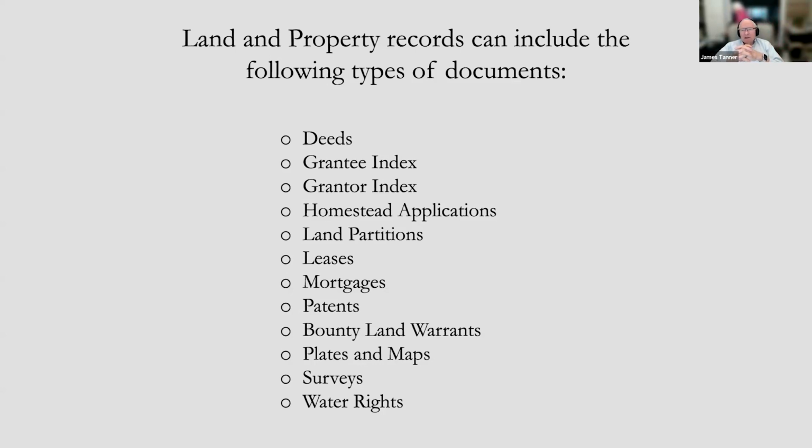The reason was because he's not one of the major people in that document. He's not named as the grantor or grantee, as you see from the grantor index. He's just named in the deed with a lot of other people.